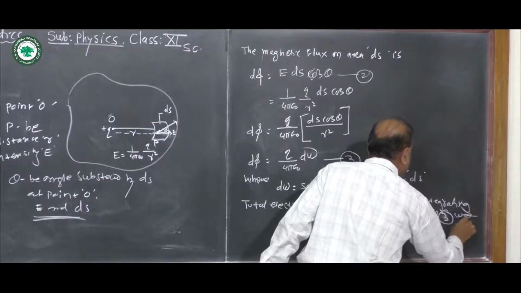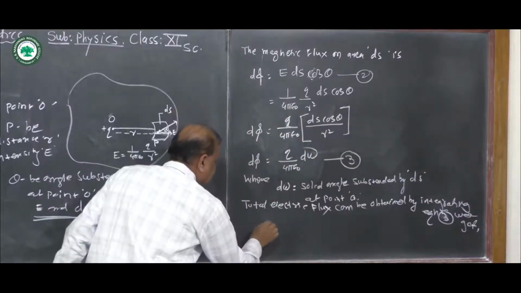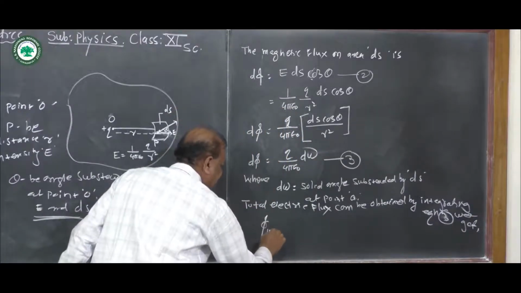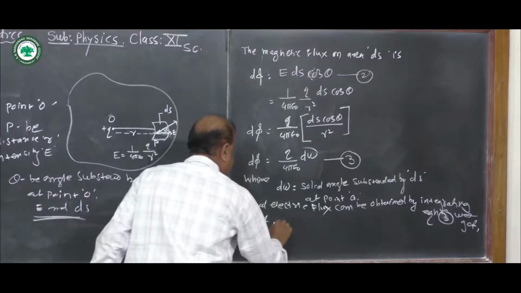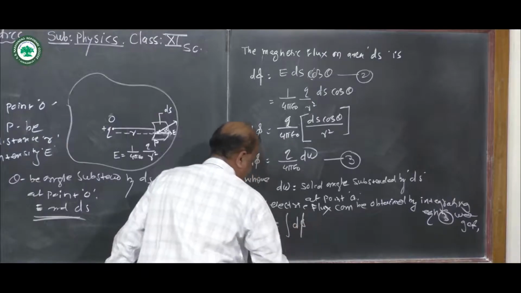We get that the total electric flux phi E is equal to the integration of d phi.